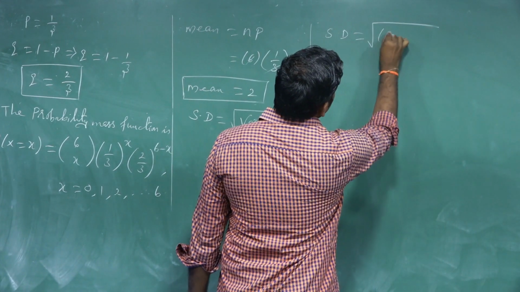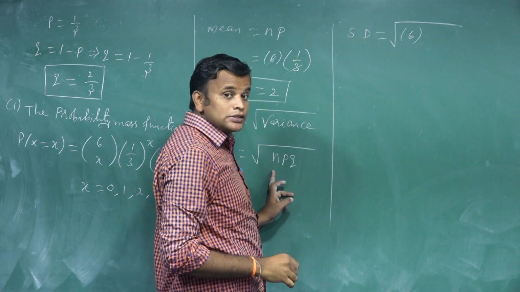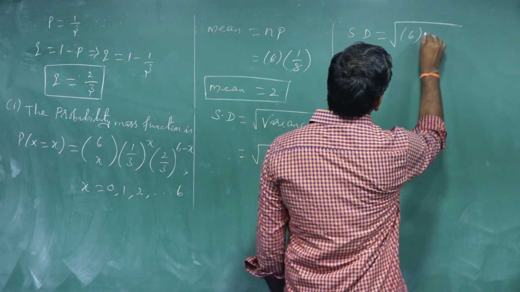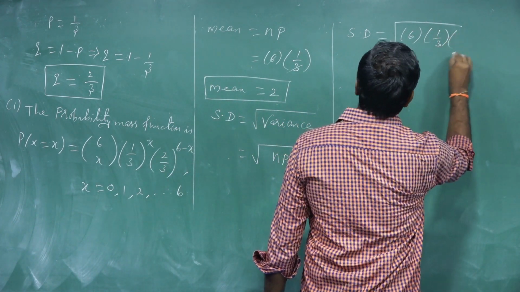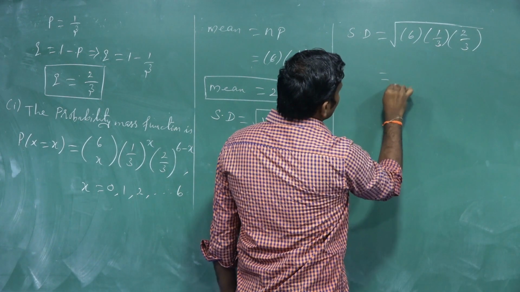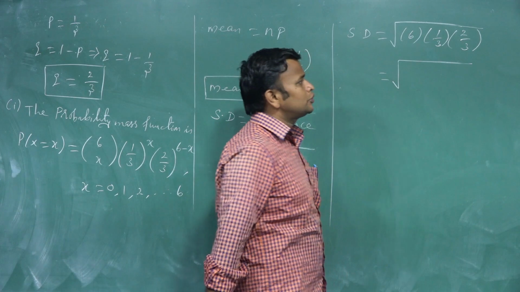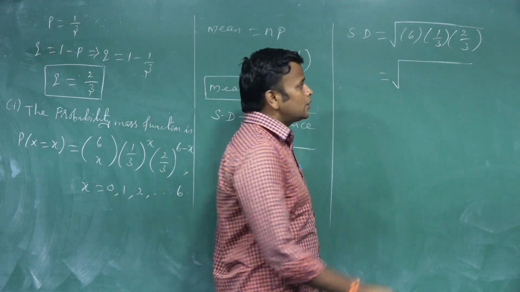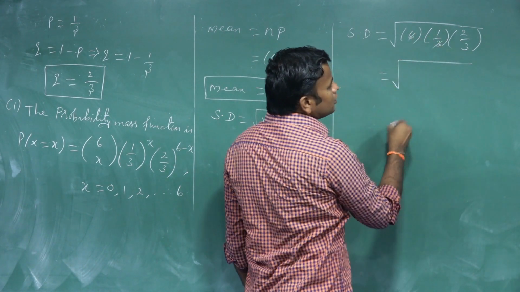square root of n, the value of n is 6, p, the value of p is 1 by 3, q, the value of q is 2 by 3. Square root of. The simplification is your choice. We can simplify anywhere. First of all, in the 3 we cancel.